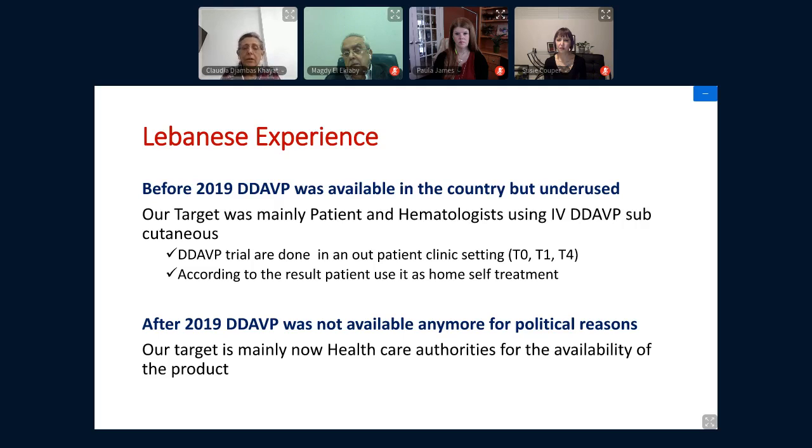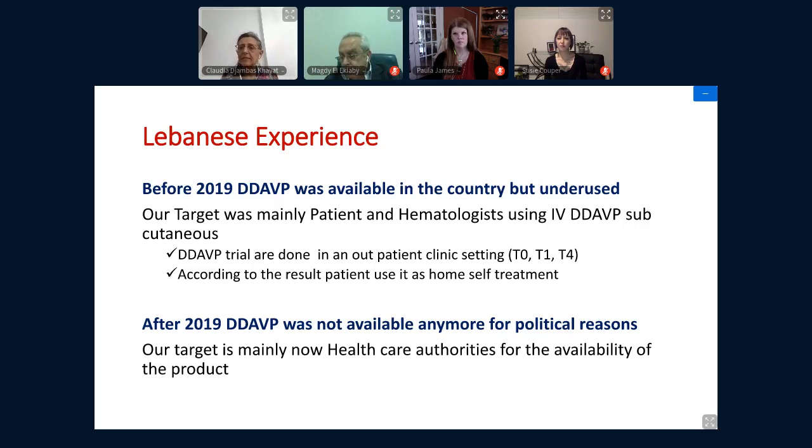In Lebanon, what we have done for desmopressin: before 2019, desmopressin was available in the country, but certainly underused. So our target was not the Ministry of Health or whatever, it was mainly patients and hematologists, because for them, if they have von Willebrand disease, they take von Willebrand concentrates.